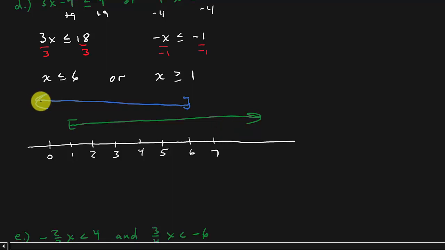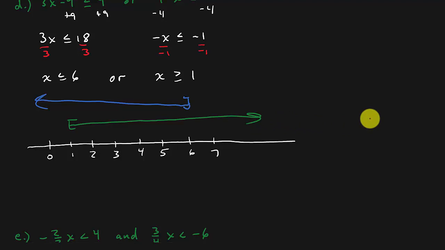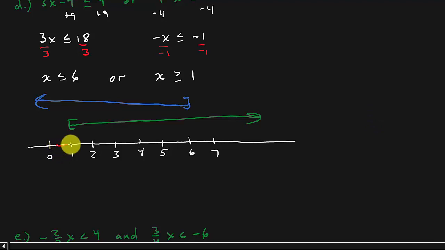So you can see there's a line that goes all the way back to -infinity, and it's coming up, and there's a line, here's the line, and it's going all the way to infinity. So you can see there's a line everywhere. So our graph is just the entire number line. Okay, because both of these lines combined cover the entire number line.